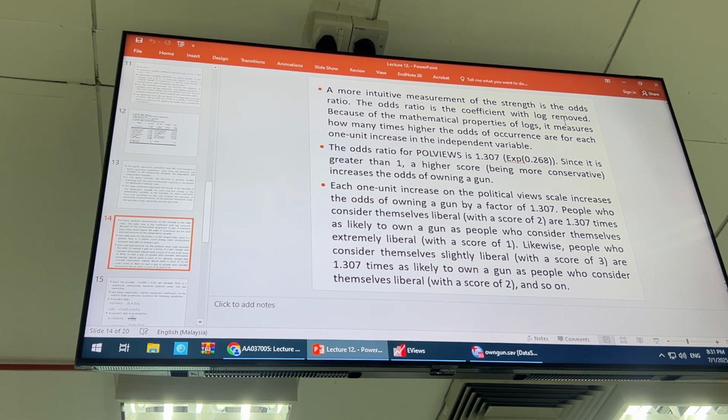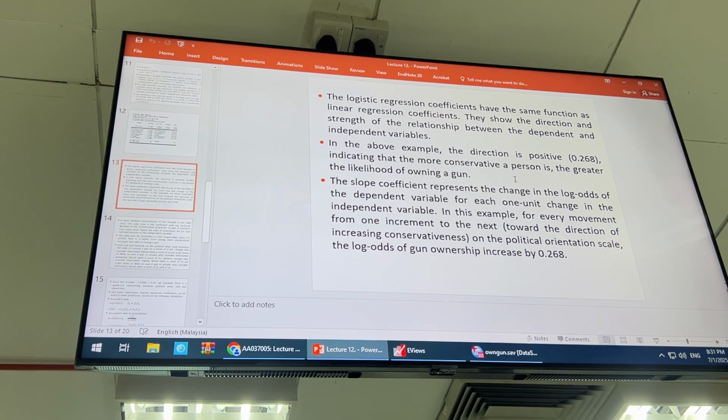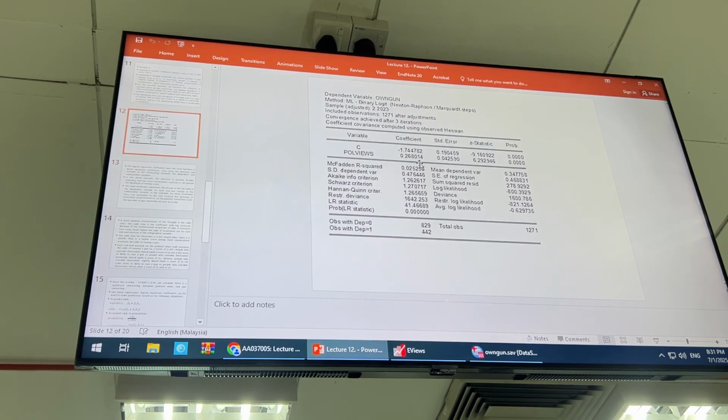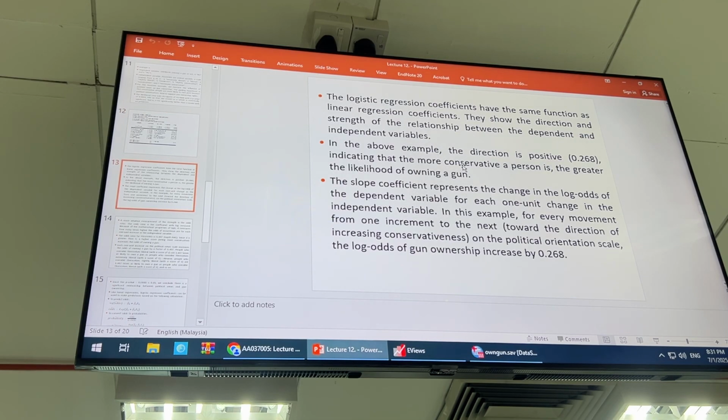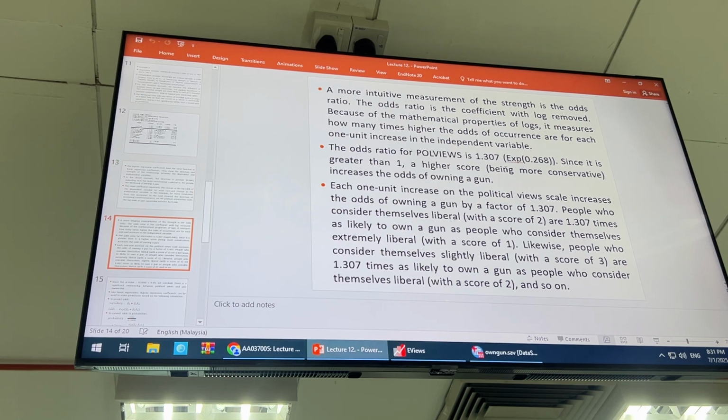So the odds ratio is the coefficient with the log removed because of the mathematical properties of log. It measures how many times higher the odds of occurrence are for each one unit increase in the independent variable. The odds ratio for political view is, you take the exponent of the estimated value 0.268, so it is 1.307.